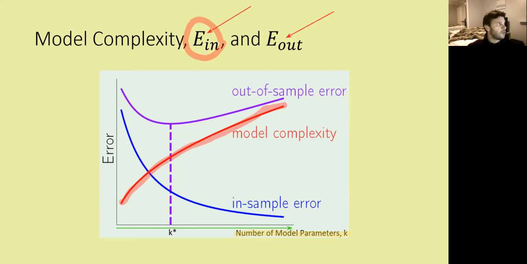If we fit the data well, what we're actually doing is minimizing that in-sample error very effectively. But what we're going to see in a moment is that there is a trade-off. Even though we might be fitting the data well, this is going to be more like memorizing the data that we have. And it turns out when you do that, our performance out of sample, our ability to predict on new observations that we haven't seen yet, at some point can start to suffer from increased model complexity.